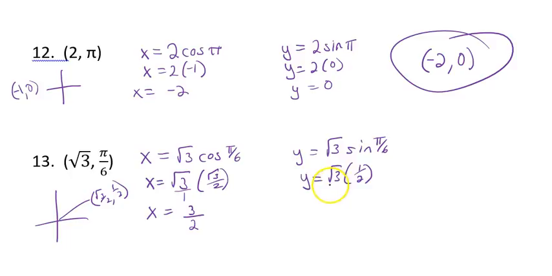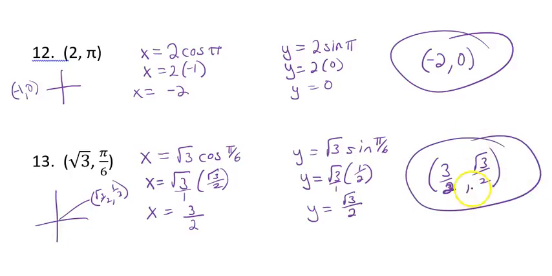And I can, again, think of that square root of 3 as being over 1. And I go straight across, and I get square root of 3 over 2 as that y value. So this point is (3 over 2, square root of 3 over 2). And that is the rectangular point that matches this polar point. And that concludes this lesson.